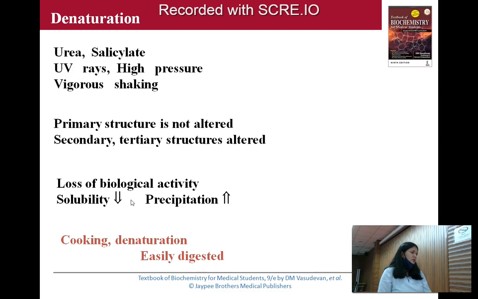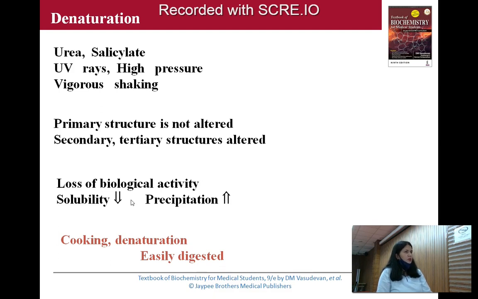So denaturation can be of two types, reversible and irreversible. In the reversible denaturation, if you remove these agents, for example, if you stop heating, what will happen? The protein will get renatured again. But usually heat denaturation leads to irreversible denaturation. If you remove denaturing agents like urea or salicylates, the protein may revert back to renatured protein.